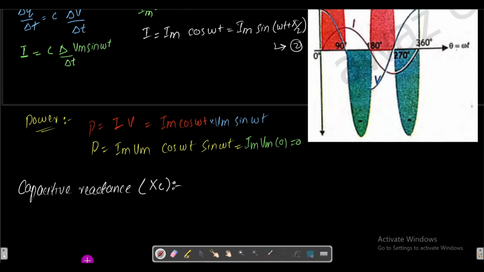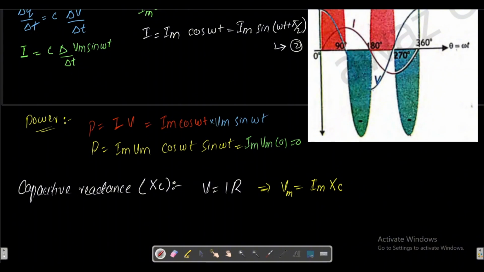This is actually analogous to the resistance in Ohm's law, V is equal to I R. If I put Xc instead of R, this equation will be modified as Vm is equal to Im Xc.